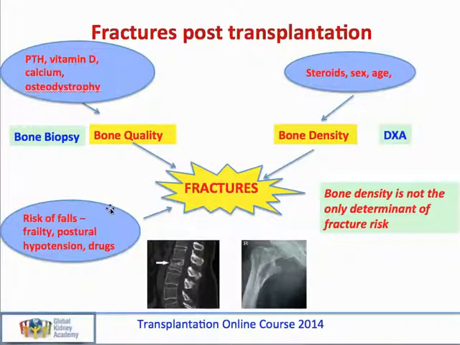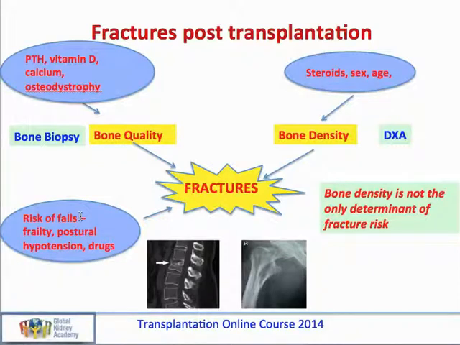Of course there are other risk factors for fractures as well as the bone quality and the bone density. There are things like your general frailty. People who are more frail are more likely to fall. People who have drugs that perhaps cause postural hypotension are again likely to have increased fracture risk.